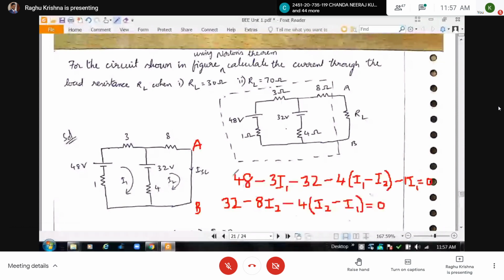So this is the equation for the first loop, and for the second loop, this is the KVL equation.